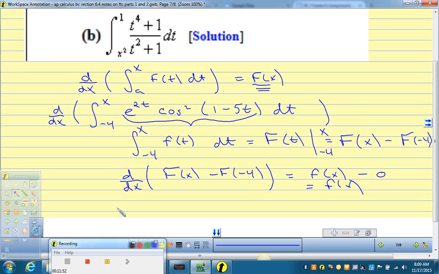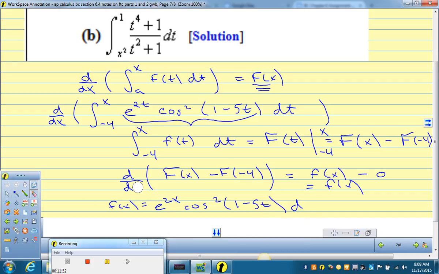And if f of t was this function, then what is f of x? This function, but instead of t's, we have x's. Now, do you have to go through that long process every time?